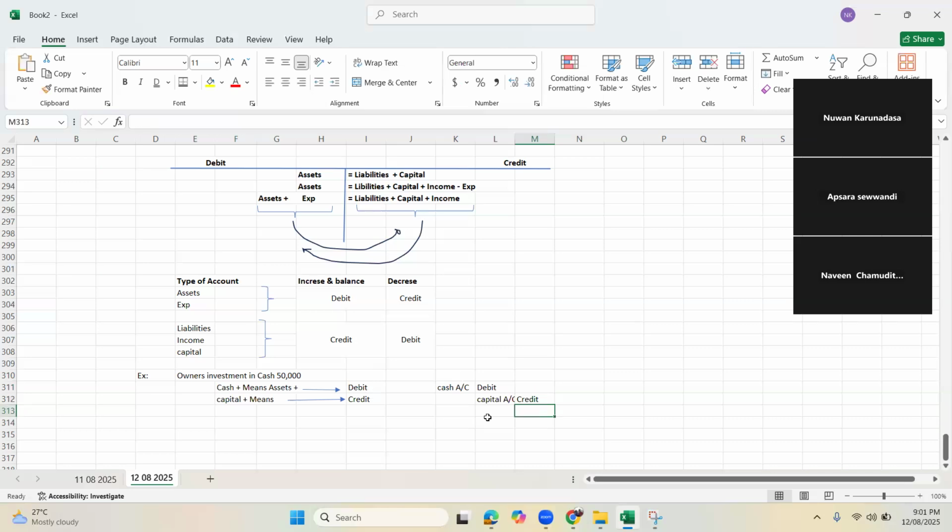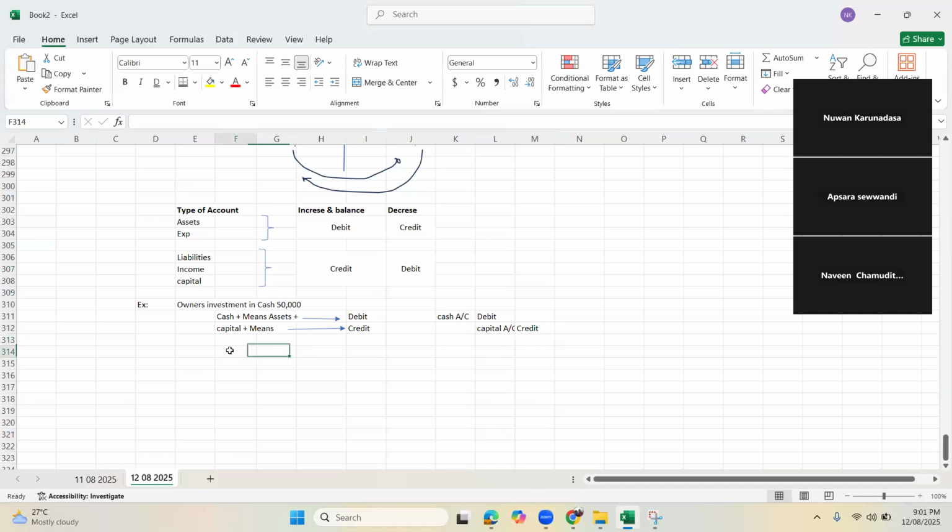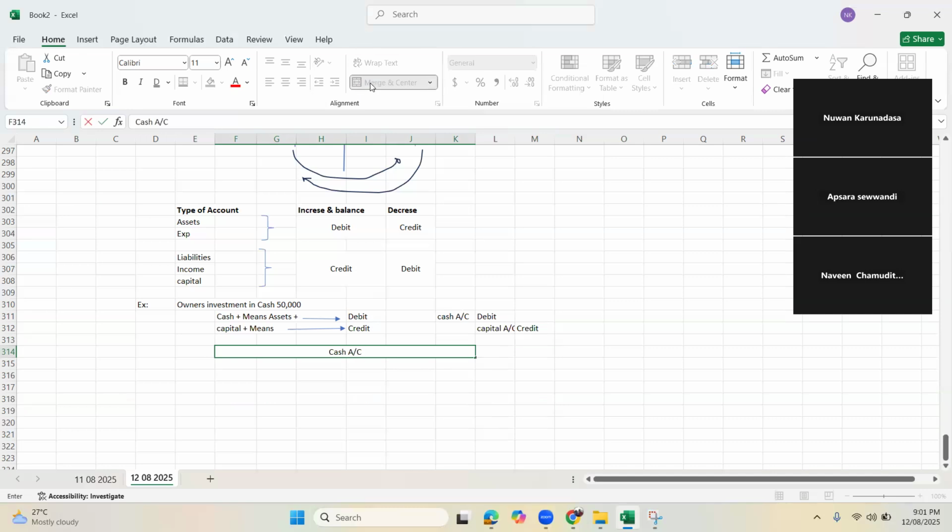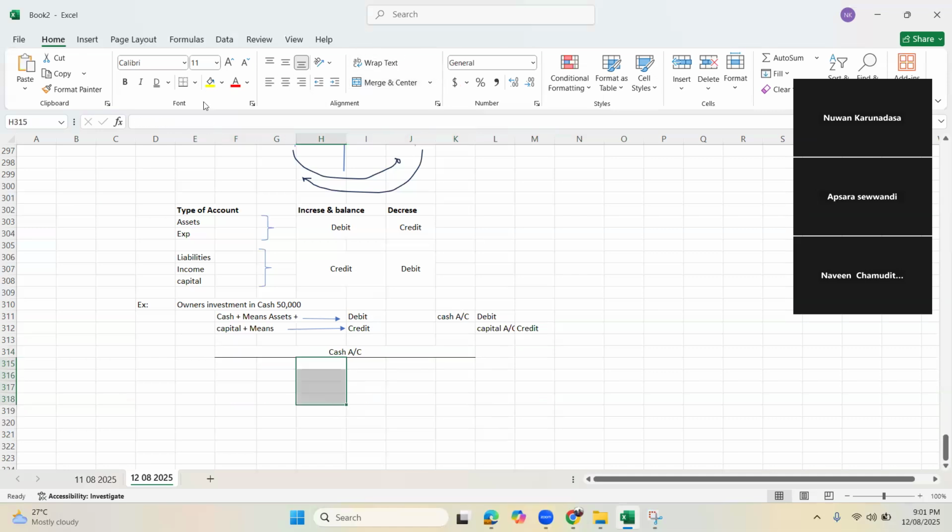Right? If you draw two accounts here, I will show the example. This is one of the accounts, the cash account.